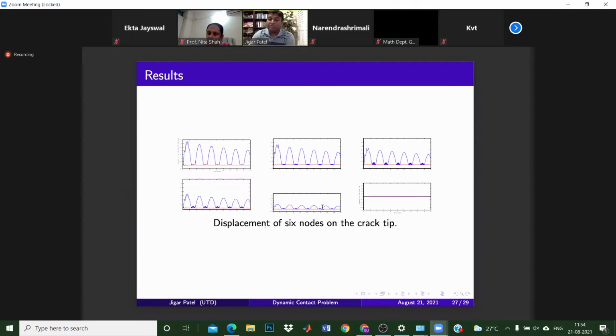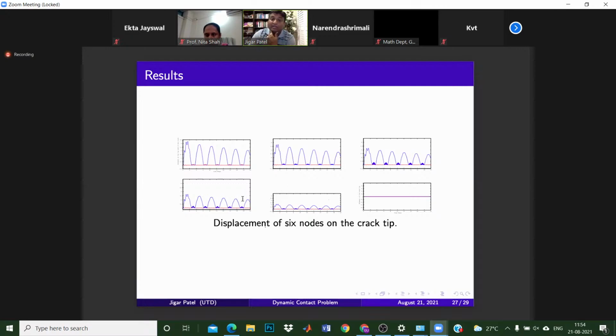The node next to the crack tip has some movement. It has these bumpy parts, and then there is some noise. I believe that noise is due to the impact, and this model can be used to study the impact, to do impact analysis as well.